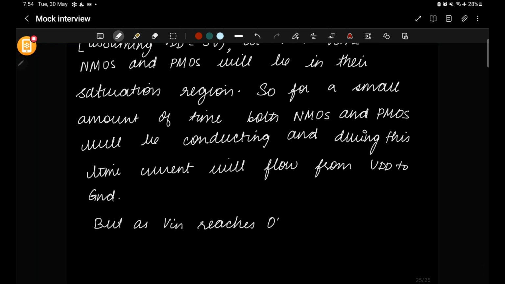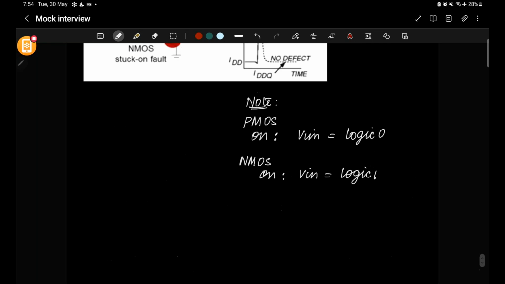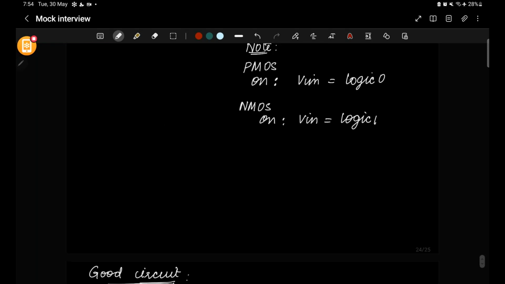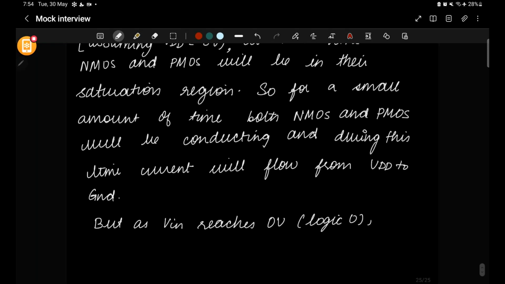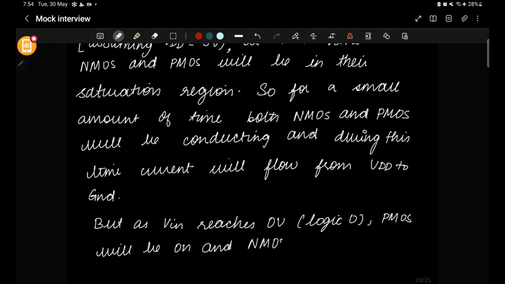But as Vin reaches 0 volt, that is logic 0. Now what will happen if it is logic 0? PMOS will be on and NMOS will be off.